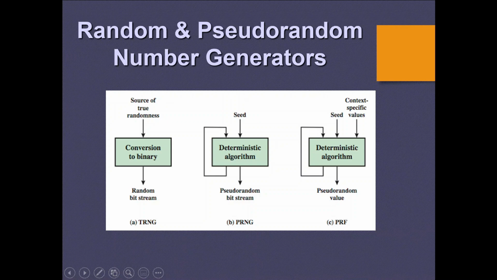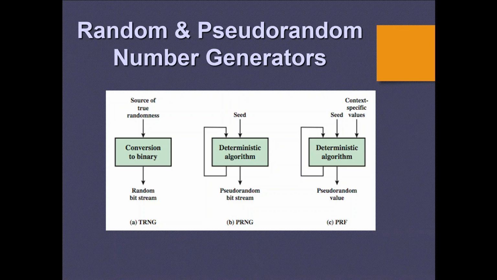Here we outline the contrast between the true random number generator, abbreviated as TRNG, and two forms of pseudo-random number generators, namely PRNG and PRF. A true random number generator takes as input a source that is effectively random. The source is often referred to as an entropy source.